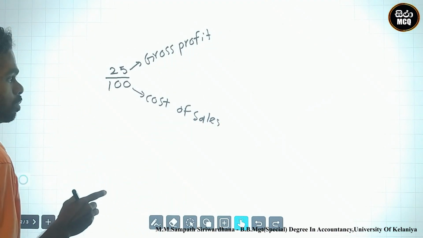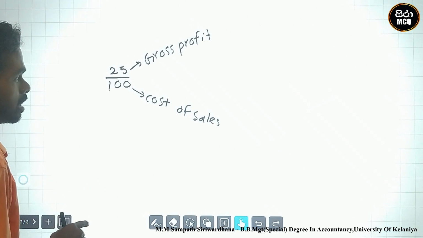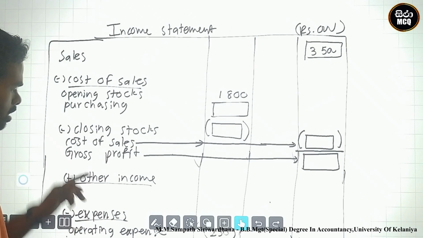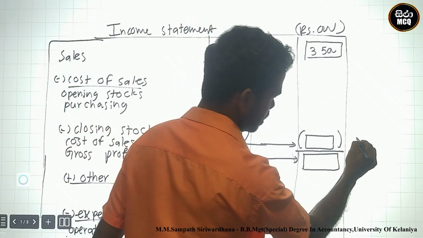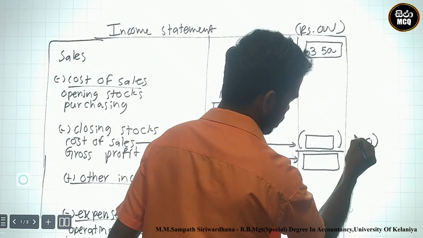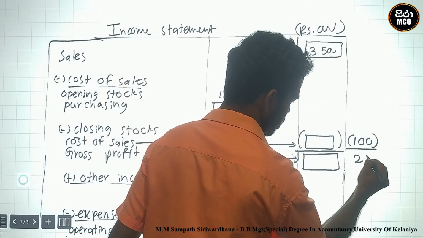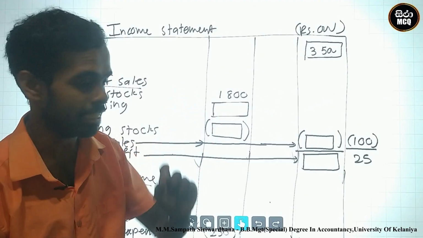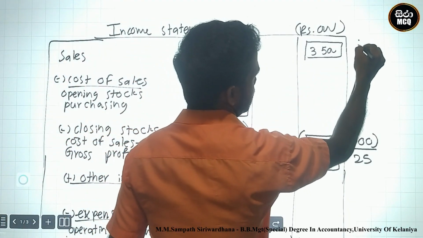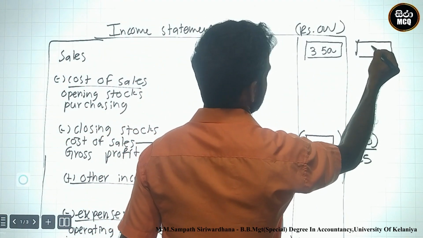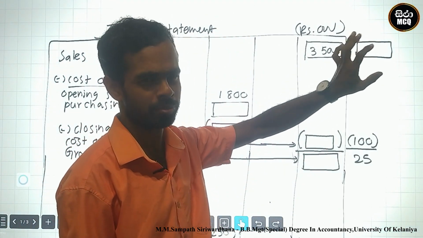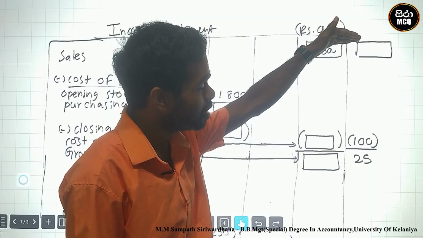I use this information with the actual figures. Cost of sales is 100. 25 is gross profit. What is the selling price related to the percentage? Sales is some percentage.